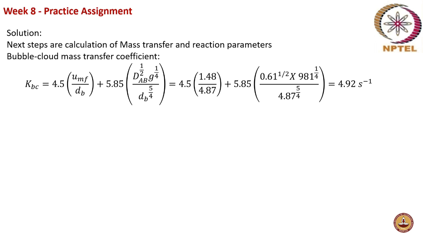Here again they have already given the diffusivity value to be 0.61, and UMF we have calculated, dB we have calculated, g is acceleration due to gravity, 981 centimeter per second square. So, substituting all these terms, we end up with KBC, the bubble to cloud mass transfer coefficient, to be 4.92 second inverse.